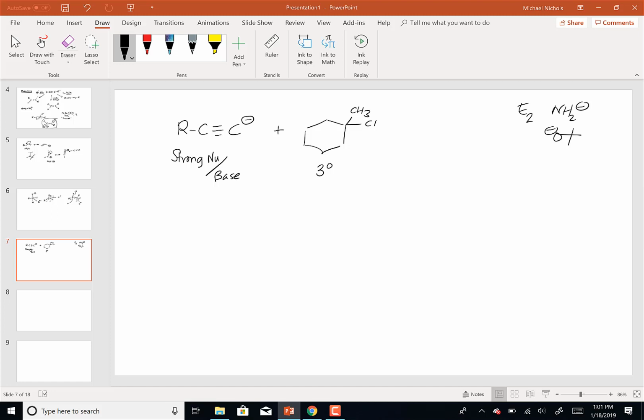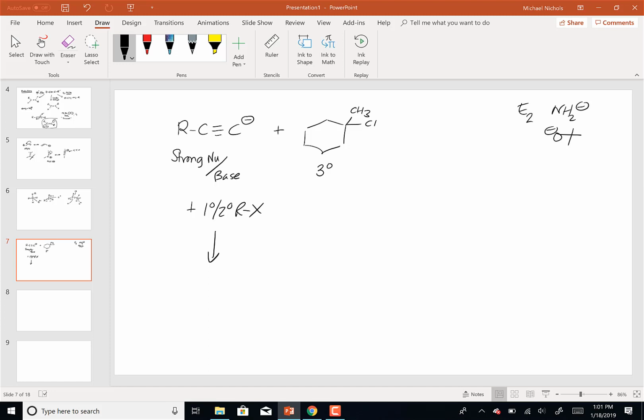So what we've said is that if it's this alkynyl anion plus a primary or a secondary halide, you're going to get what mechanism? We're going to get SN2, right?